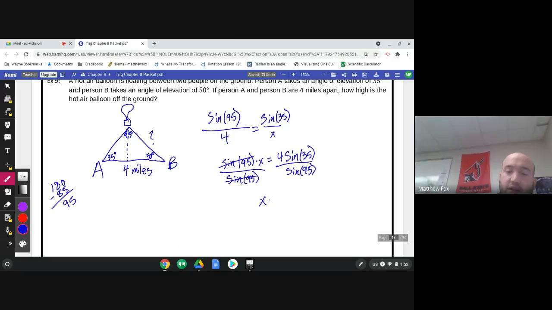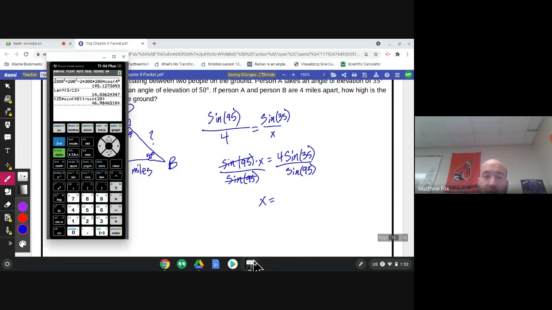Okay, so now to find out what that is, we go to our calculator. And remember, whenever we open, we got to go to mode, change it to degrees. Mine was already in degrees here. We can hit clear. And now to do this, on the top, 4 times the sine of 35 divided by the sine of 95. Hit enter, and we will get our x to be 2.3.